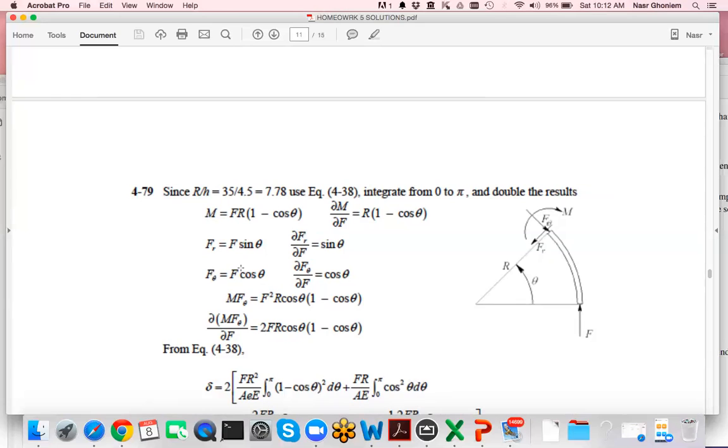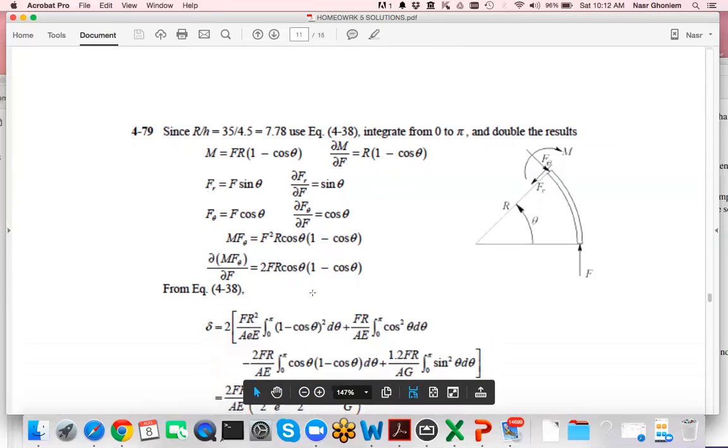You compute those. You take the derivative with respect to the force right away. So M is differentiated, F_R is differentiated, F_theta is differentiated. And then we have a mixed component, which is a compensation for the moment that is induced by the hoop force. And that we also take as a derivative.